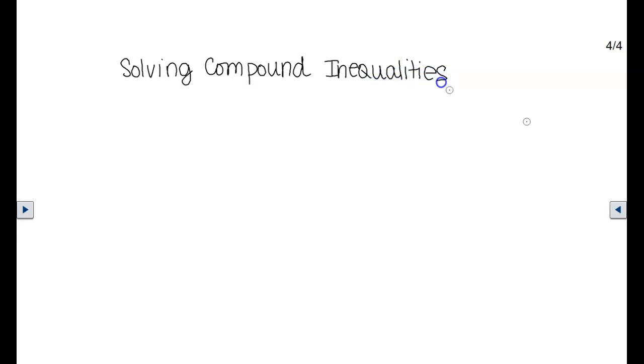And what we're working on right now kind of builds. So, you have to understand inequalities to get compound. You'll have to understand compound to get what happens next. So if any of this is not making sense, get in touch with me and let me know. All right, so solving compound inequalities. Here's what we're talking about.